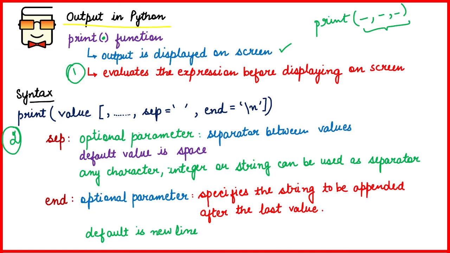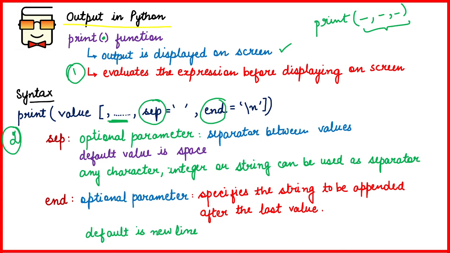Now there are two optional arguments known as SEP, which stands for separator, and END, which stands for end of the print statement. So what do these actually mean? When you have multiple arguments in your print statement, then these values must be separated by some particular separator among them.